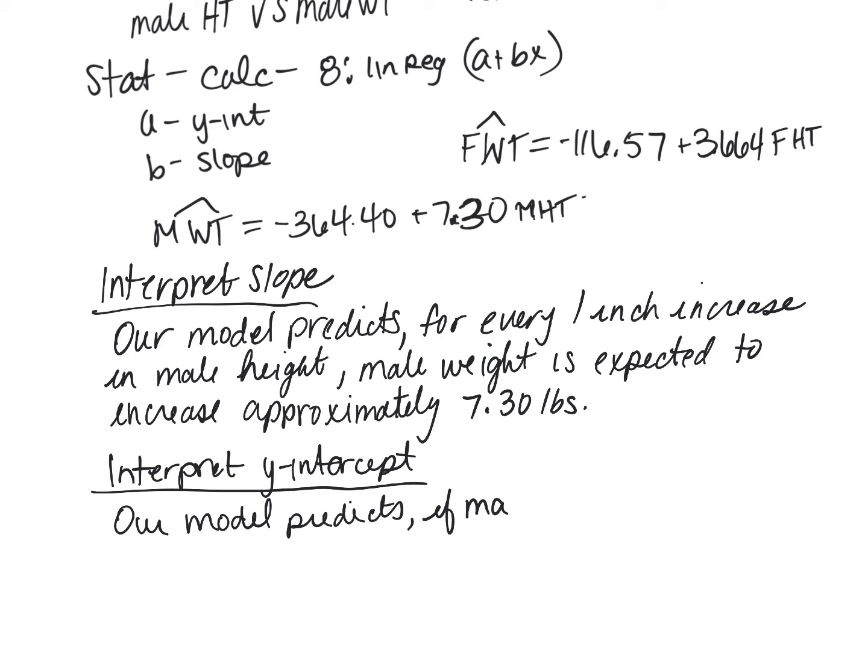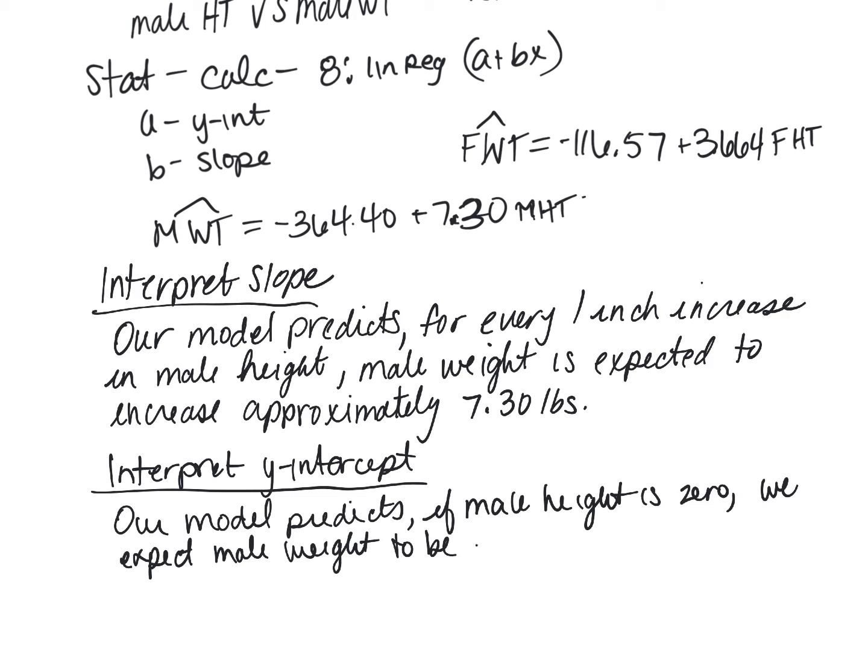If x is 0, we expect male weight to be negative 340 or 64.40 pounds, which doesn't have much meaning in this context.